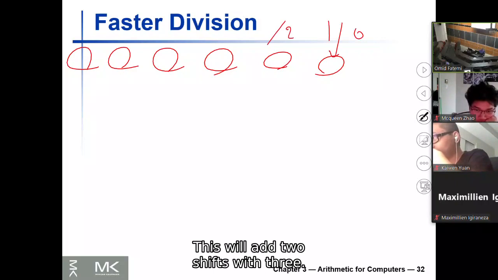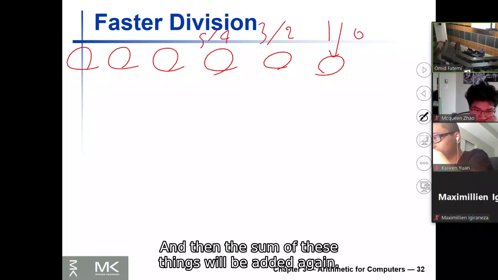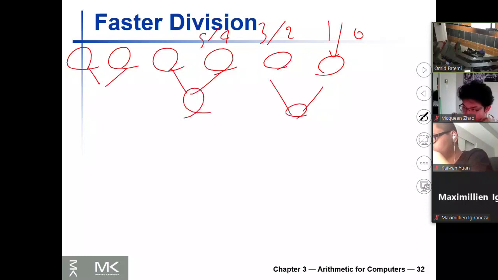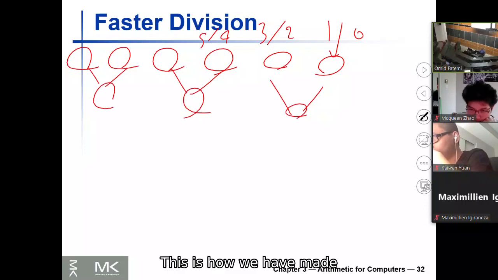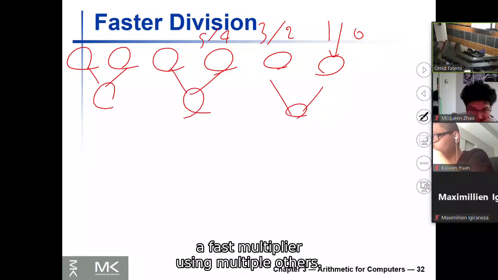This will add 2 shifts with 3. This will add 4 with 5, and so on. And then the sum of these things will be added again. This is how we have made a fast multiplier using multiple adders.